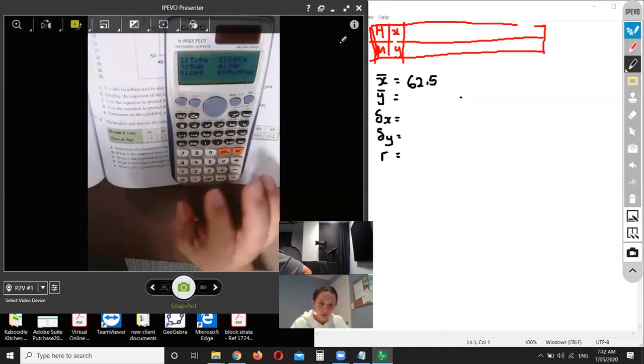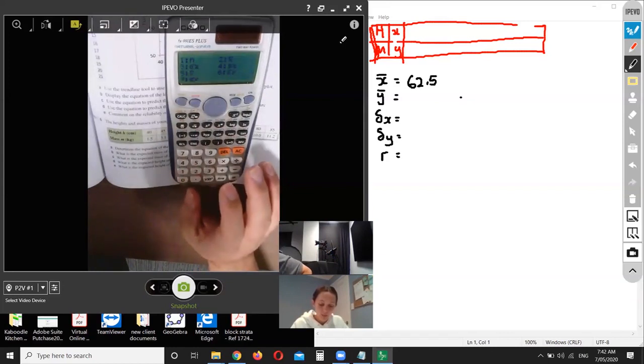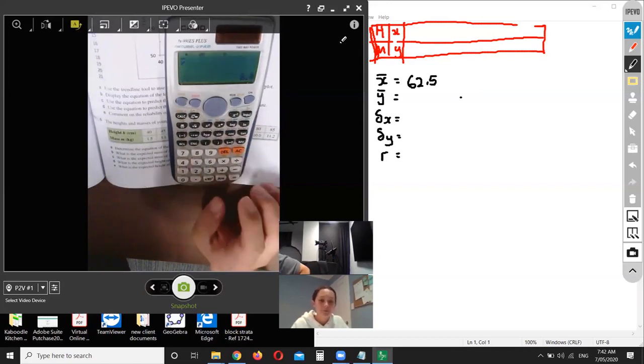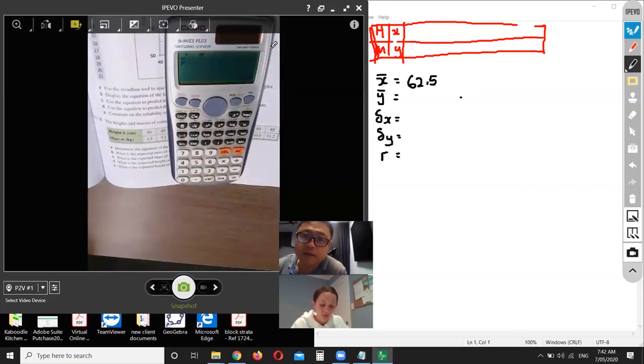Shift 1, 4. So then the mean of Y is 6.4. Is that what you got? Yeah. Okay, cool. And then you can do the standard deviation for X and the standard deviation for Y. Standard deviation for X is 15.